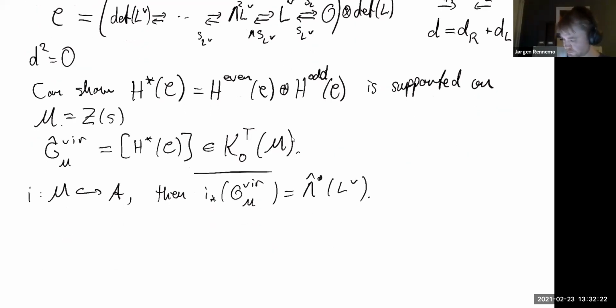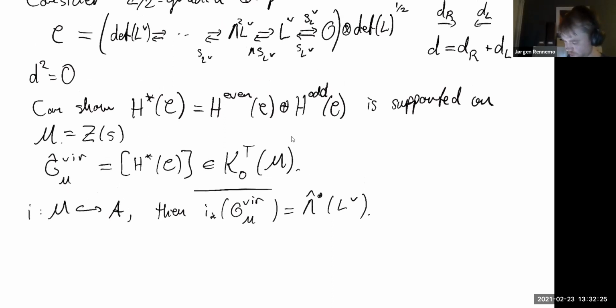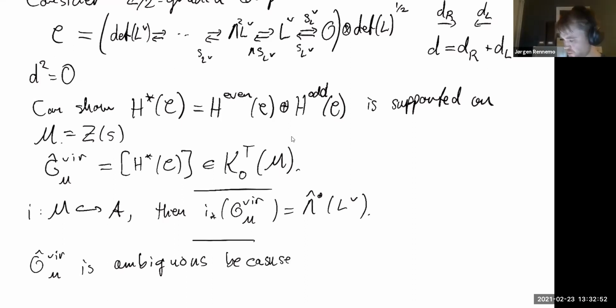Okay, so further remarks. The whole definition is still slightly ambiguous, because I've taken a square root of some line bundle here, and I haven't specified to you what the square root is.